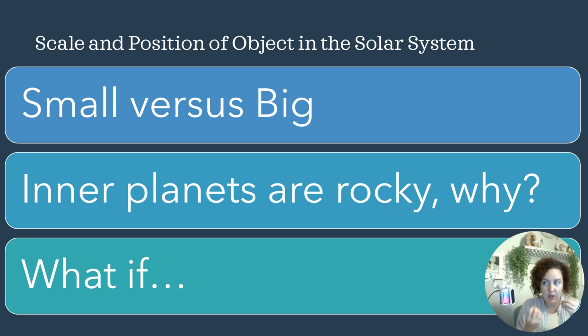We have the Goldilocks of all atmospheres, where it's just thick enough to hold in all of the elements that we need in order to survive, but light enough to where others can escape if necessary. So that sort of a thing. So this is all because of that gravitational pull from the sun. Now, what if questions?